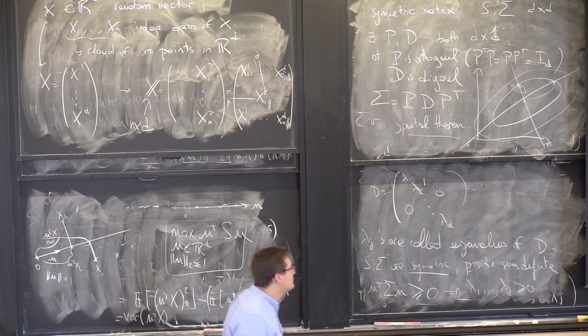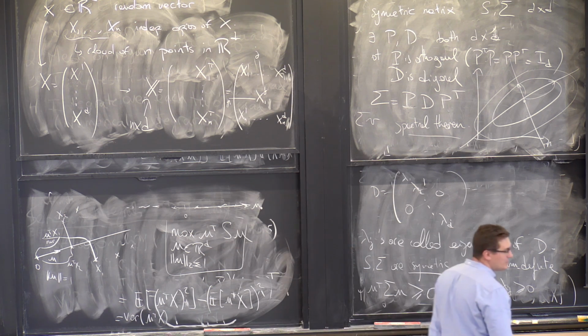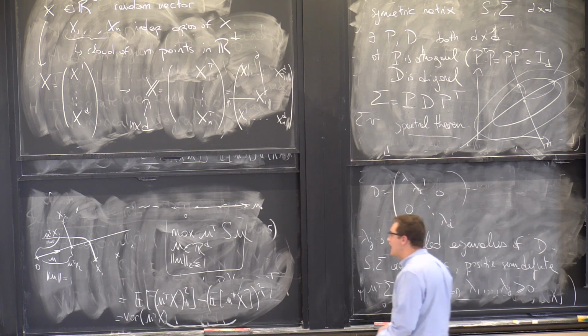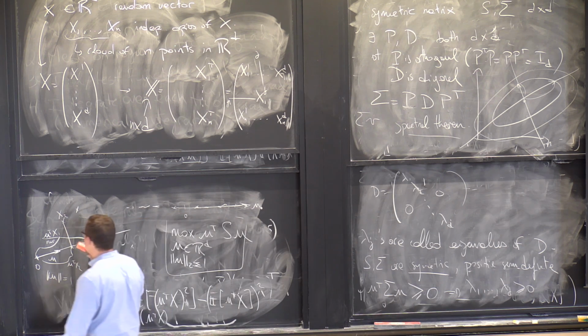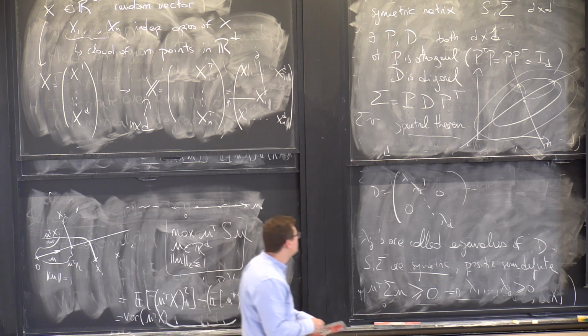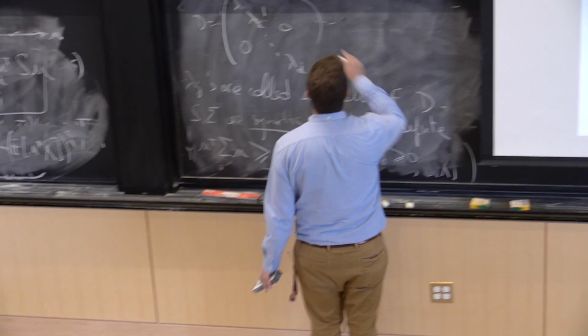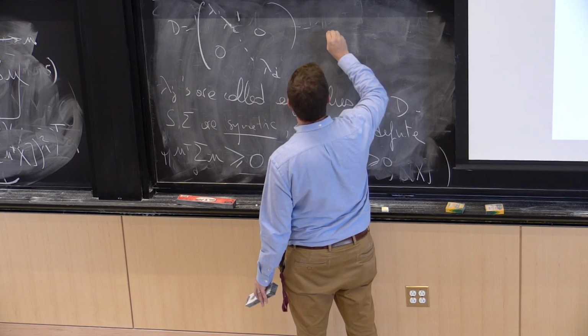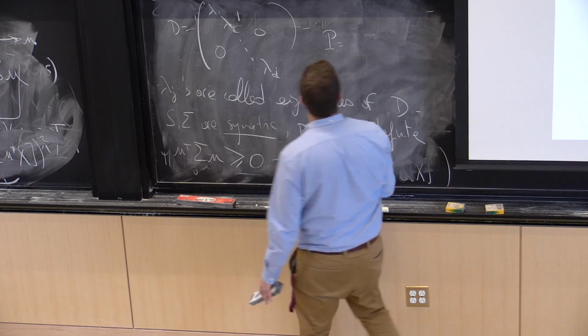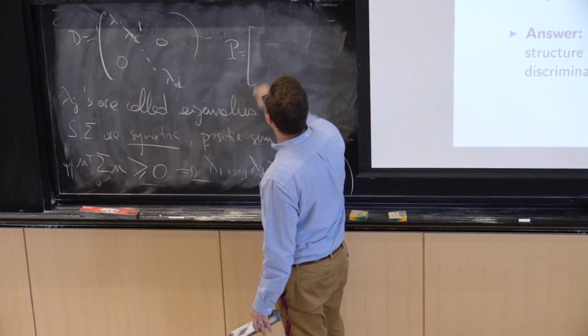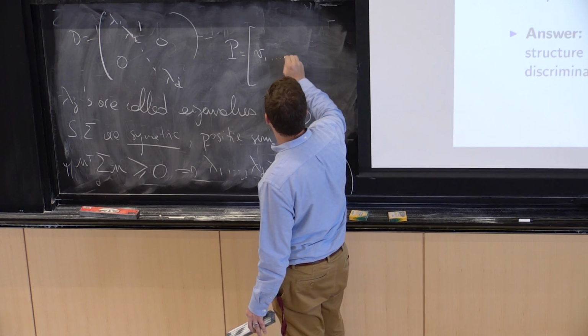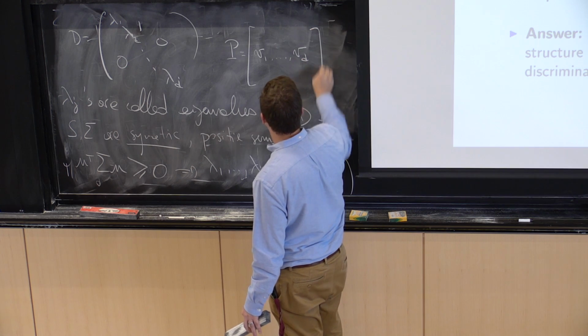All right, so what is it that I'm going to be getting? Well, let's just see what happens. Oh, I forgot to mention, and I will use this: the columns of the matrix P are called eigenvectors, V1 to Vd.